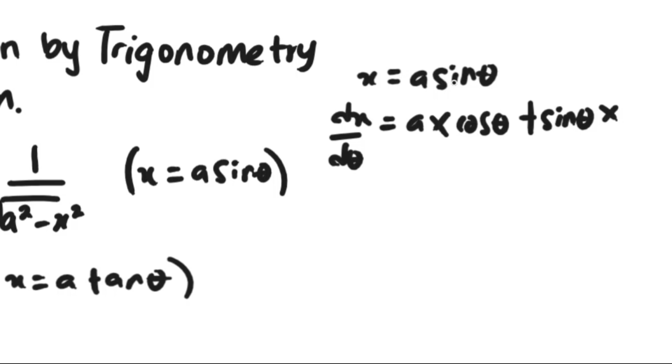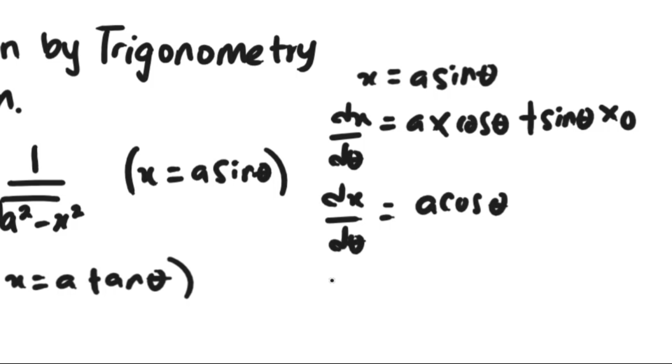If you differentiate a with respect to theta, you're going to get 0. So here it means that dx over d theta is equivalent to what? A cos theta. So if you make dx the subject of the formula, dx is going to give you a cos theta d theta. So this is an identity under trigonometry substitution that is still under integration.